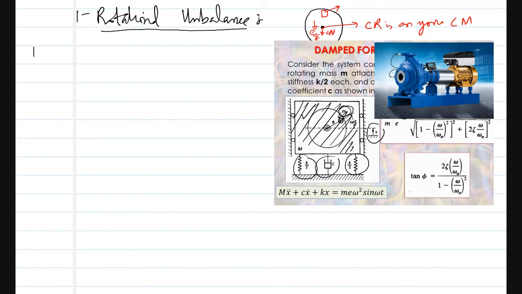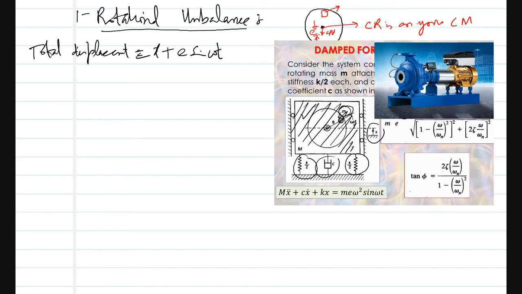So the total displacement is x, which is this, plus E sine omega t.